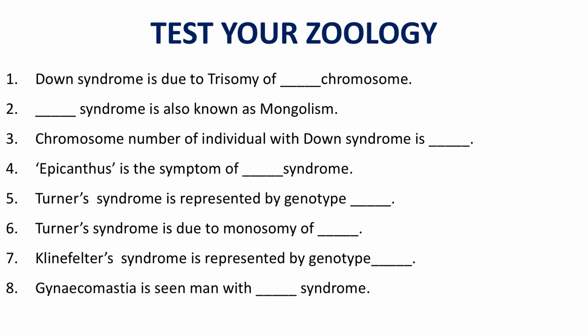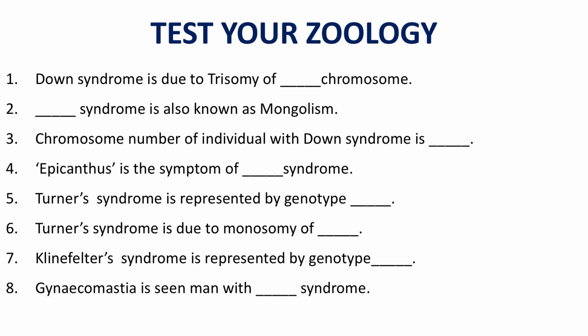It is also called Mongolian idiocy. What is the chromosome number of individuals suffering from Down syndrome? Because of 21st trisomy, the chromosome number is no doubt 47. Okay? Epicanthal fold, the eye fold, is a symptom of a person suffering from Down syndrome.